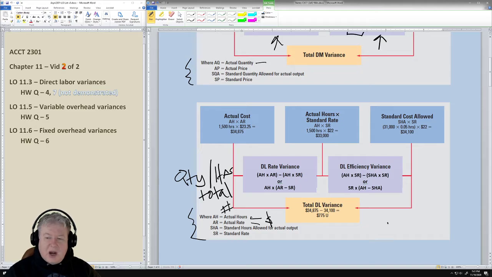Anytime we talk about price or rate, we're looking at the per hour rate. But otherwise, it's calculated just the same.